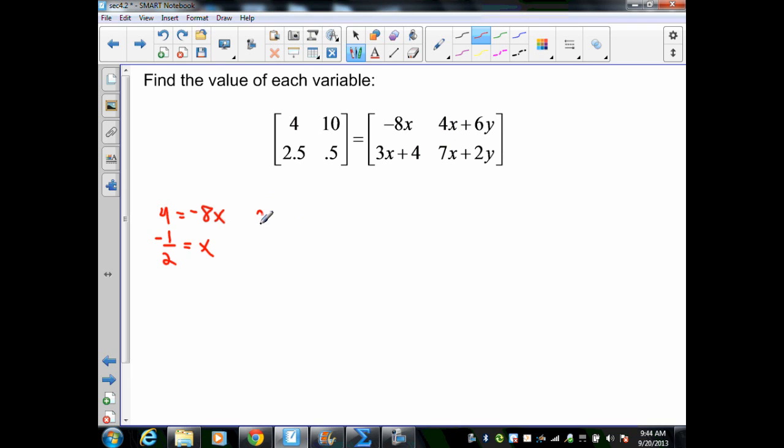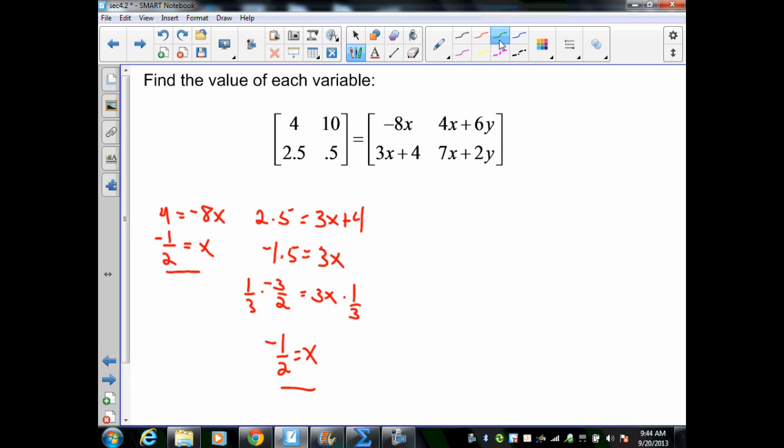So that's going to set up 2.5 equal to 3x plus 4. When I subtract 4 on both sides, that's going to give me a -1.5, which equals 3x. Converting this to an improper fraction is going to give me a -3/2, which equals 3x, multiplied by 1/3 on both sides, is going to give me a value of x equal to 1/2, which is what I needed to come up with.